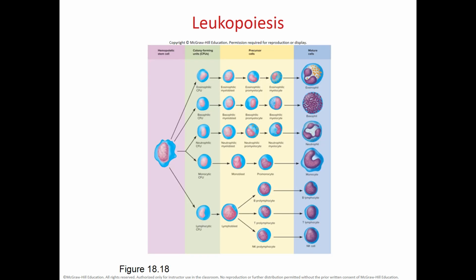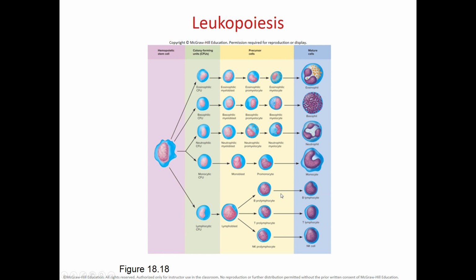So this is the diagram showing you the different lineages of the white blood cells, how they form. So you have the hematopoietic stem cell that is going to differentiate or specialize into the different colony forming units, including the eosinophilic colony forming unit, which is going to form the eosinophils, the basophilic colony forming unit, which is going to make the basophils, the neutrophils, the monocytes, the lymphocytes.